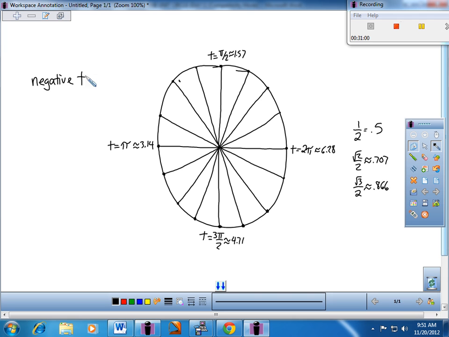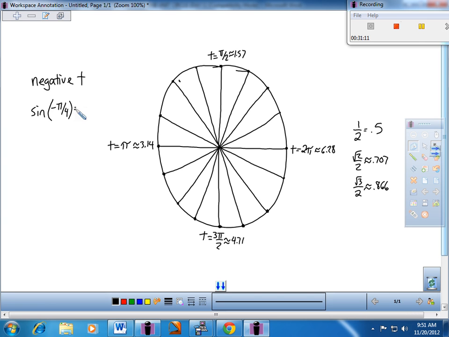Okay, so let's try just a couple of these to get ourselves started. Again, more practice. How about this? What if I asked you for the sine of negative pi over 4? So, can we have a negative t value? Of course. What does that mean moving around the unit circle? All it means is that we're going clockwise as opposed to counterclockwise.